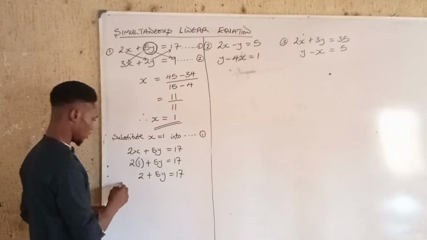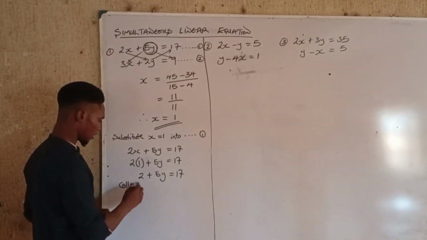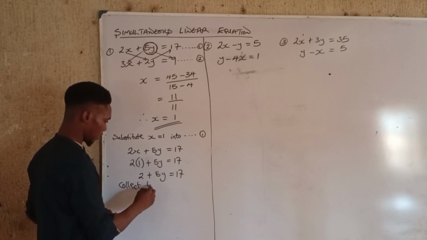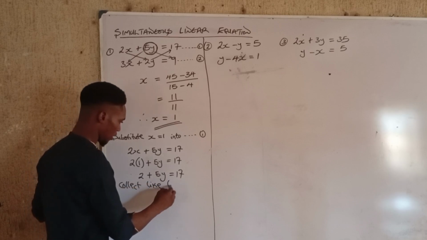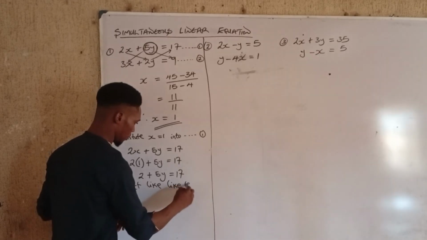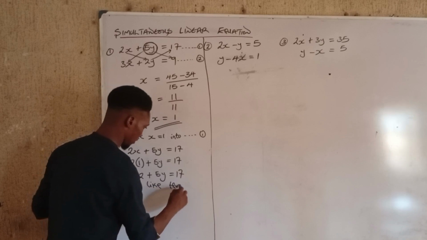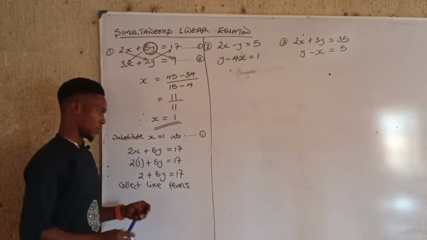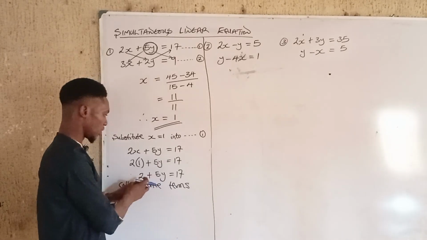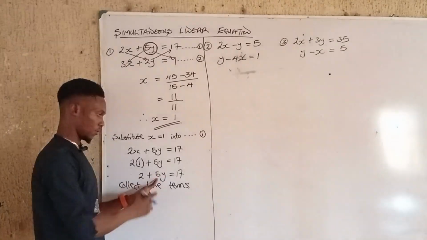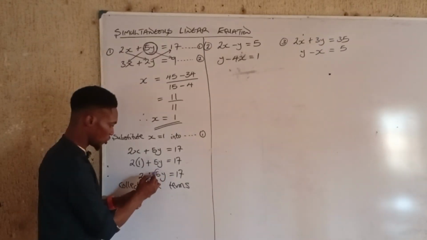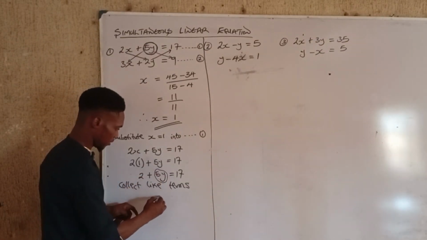Then at this point, you collect your like terms. Collecting like terms, you are separating the constants from the variable y. So bring down this chairman as your landlord first.